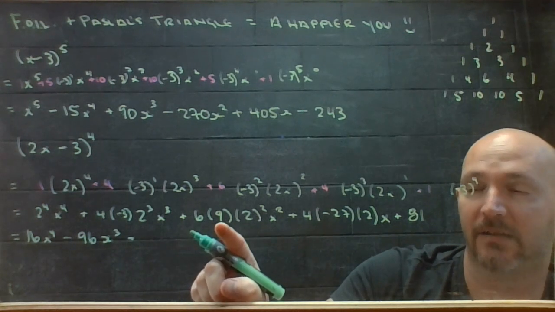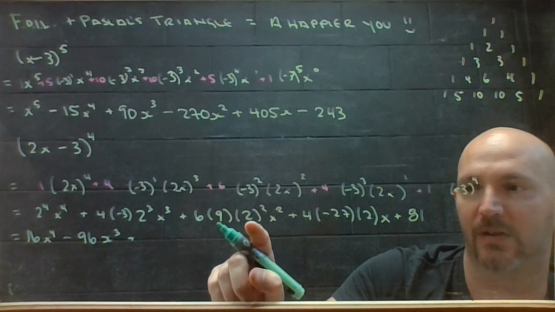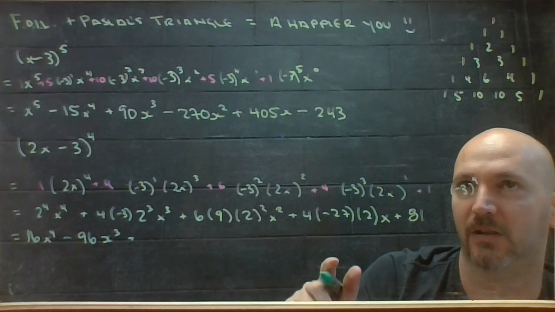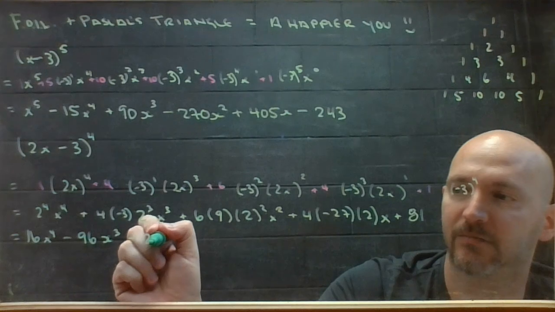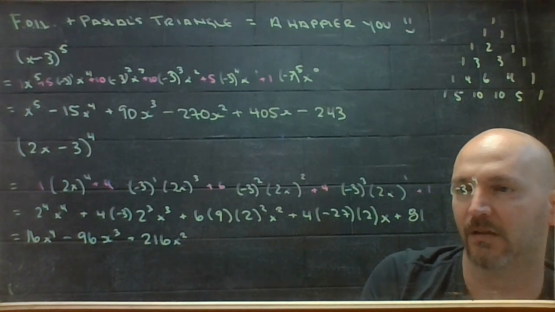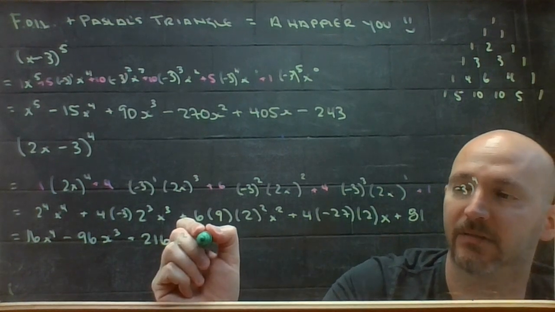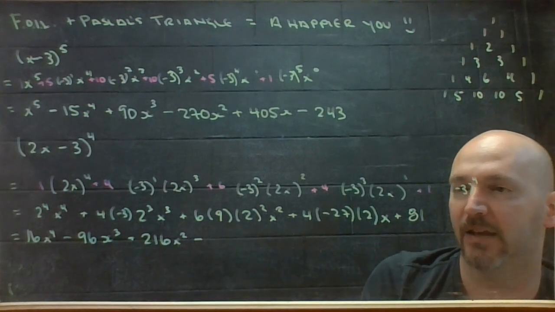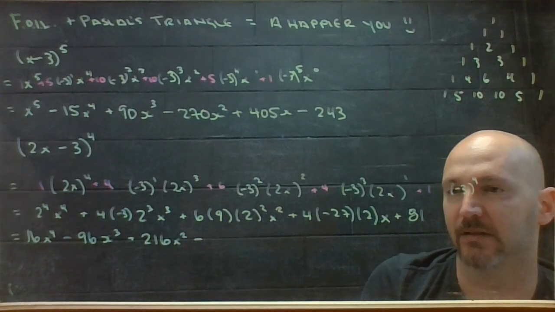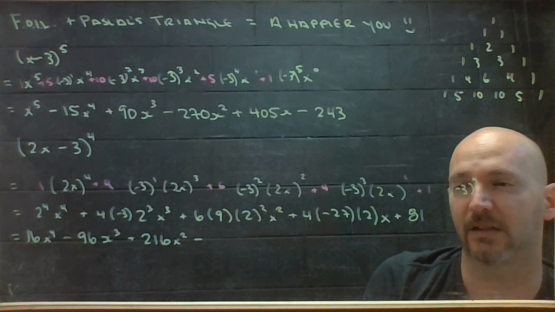6 times 9 is 54. 54 times 2 squared, well, 2 squared is 4. So 54 times 4 would be 216. Two times 4 is 8. 8 times negative 27 would be negative. 8 20s is 160. 8 7s is 56. 160 and 56 is 216 again.